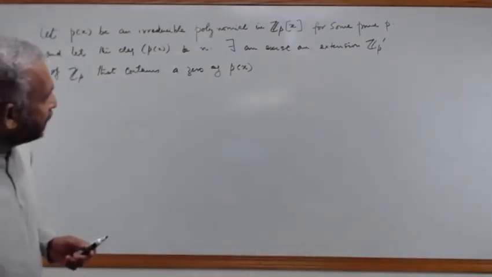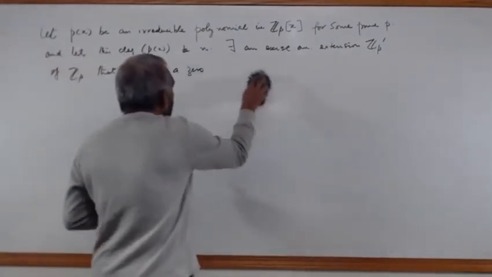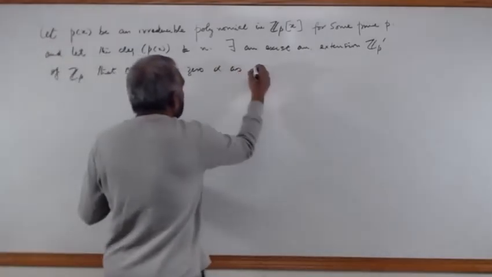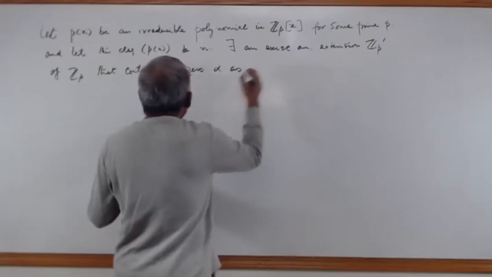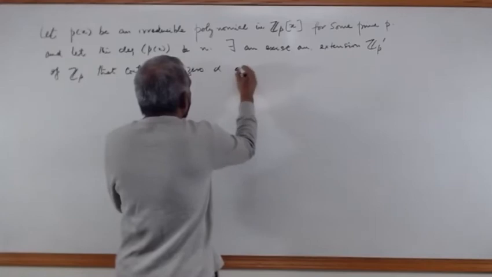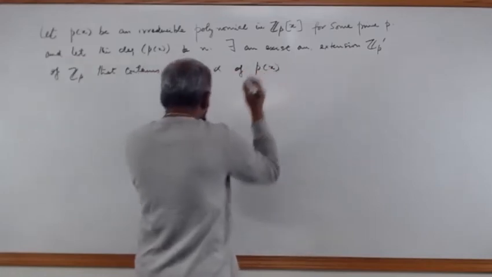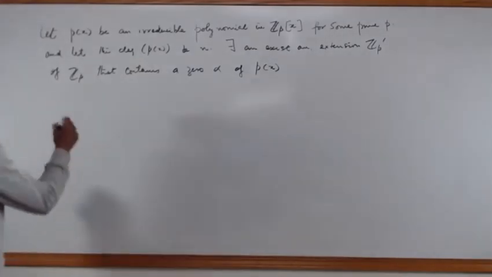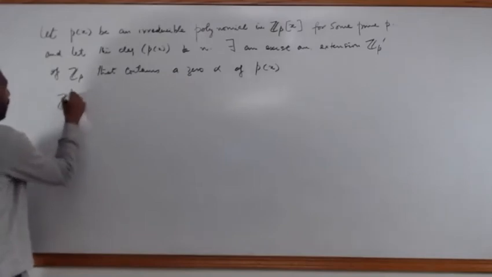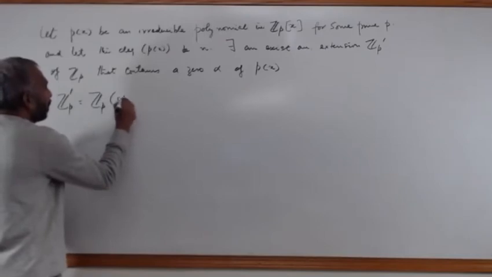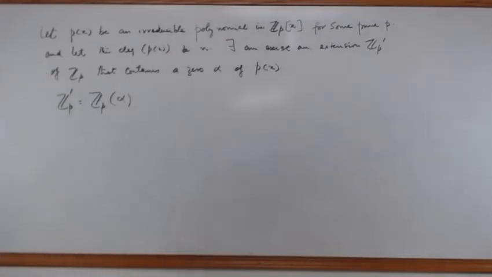Let us take a zero, we'll take alpha as a zero of p of x. So actually Zp of alpha is a simple extension.